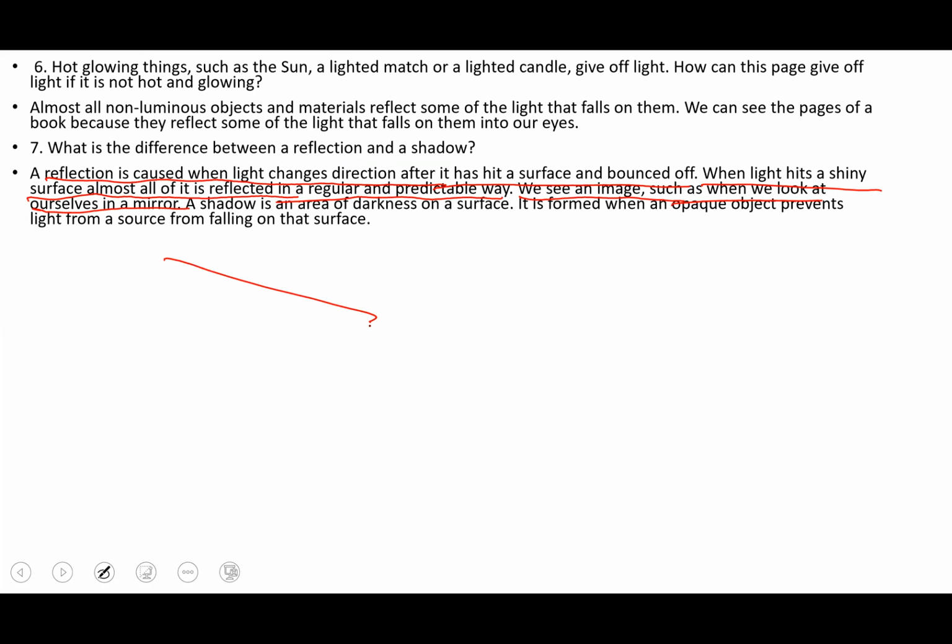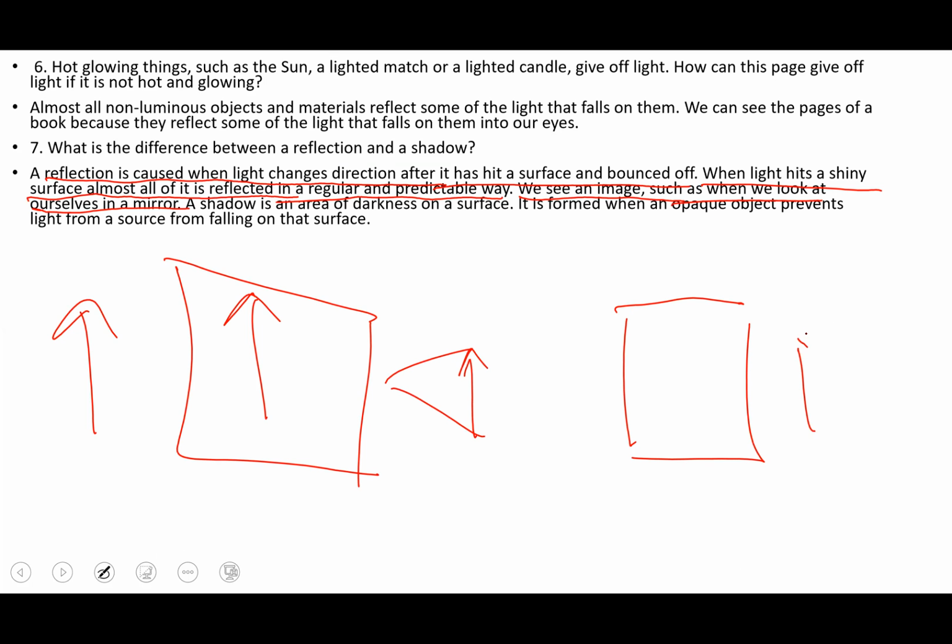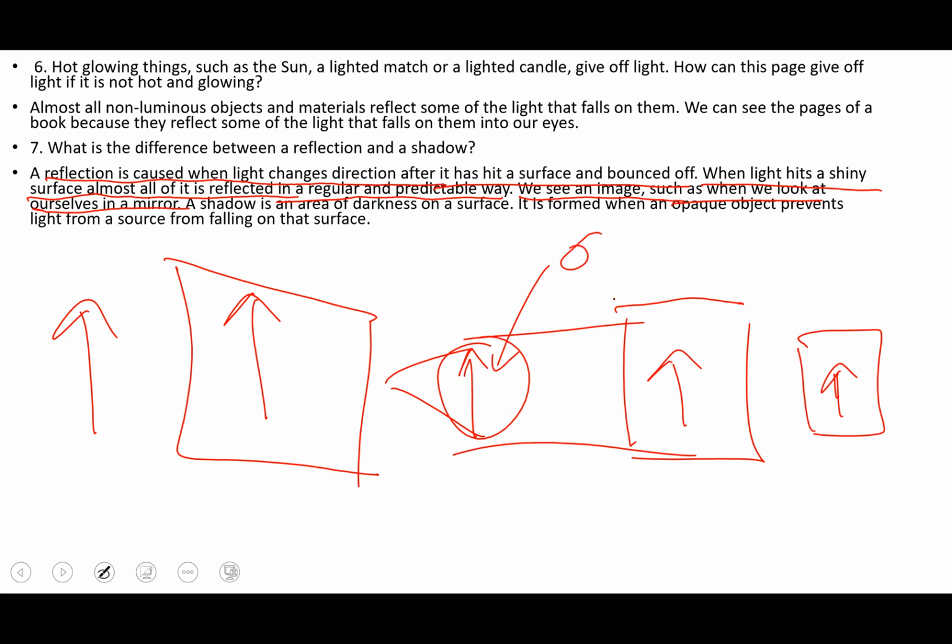Just like in this case, we have a mirror, and if we look into the mirror, we can see our image. But in the case of opaque objects, we cannot see our image, but its shadow, if light falls on it like this. Only the shadow can be seen on this paper. And this shadow we can draw over here on the paper, but the shadow is formed because this is an opaque substance.